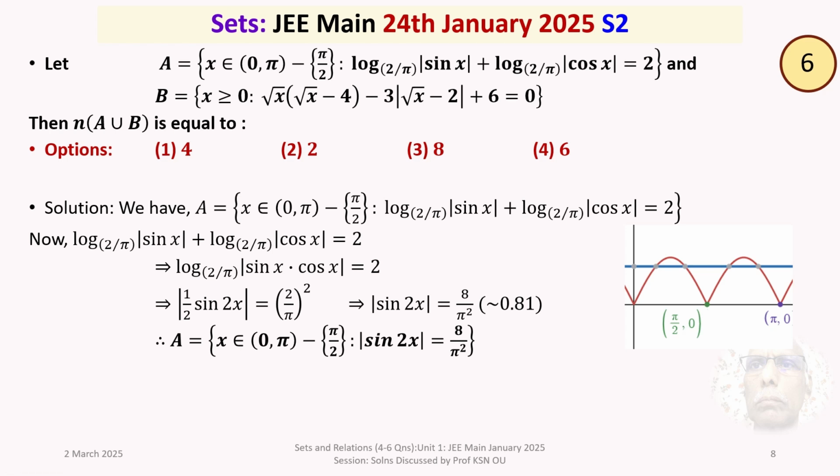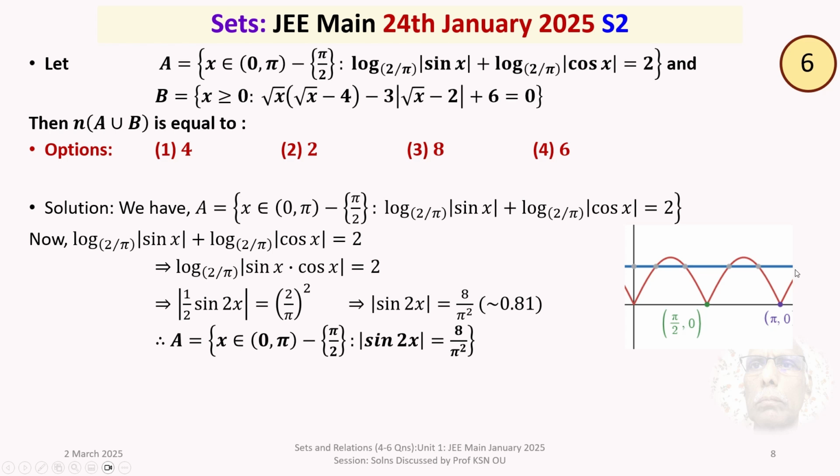And as I have told you, 8 by pi square is approximately equal to 0.81, which is less than 1. Now draw a straight line parallel to the x-axis, the straight line y is equal to 8 by pi square. It's less than 1, therefore it intersects.